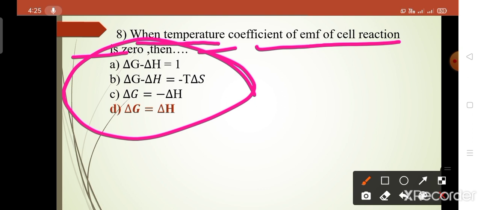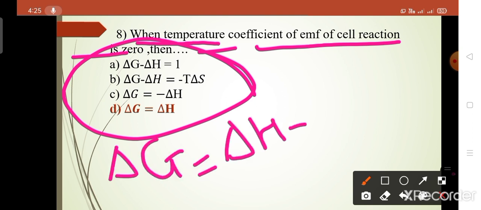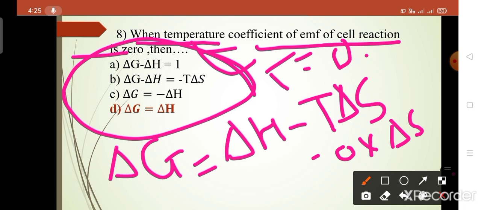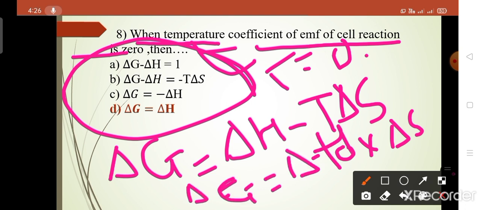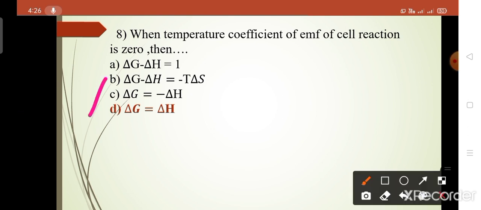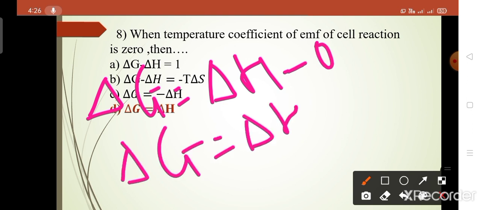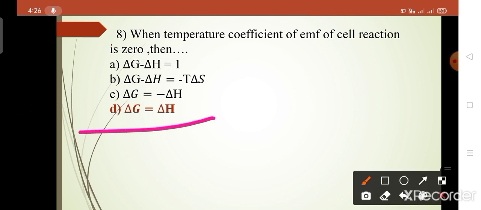The relation is delta G is equal to delta H minus T delta S. Where the temperature coefficient is 0, we put 0 into delta S, which is equal to 0. So we get the final equation delta G is equal to delta H. So option D is the correct option.